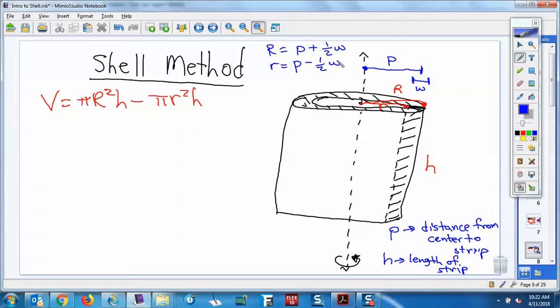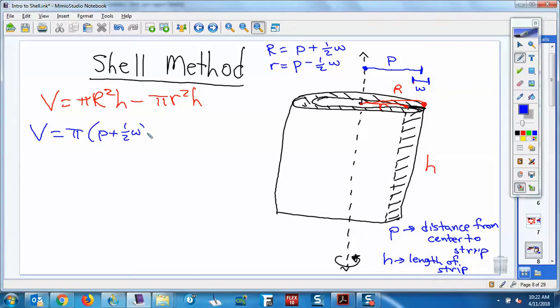So now we can replace big R and little r in our formula with those two things. Because what I needed to do, listen, the whole reason I'm doing this is I need to get W involved. I need to get W involved because I need W to shrink down to nothing. That's why I'm doing it this way. Okay, so let's make a substitution here. So we're going to go pi, and in place of big R squared, we're going to go P plus 1/2 W squared.